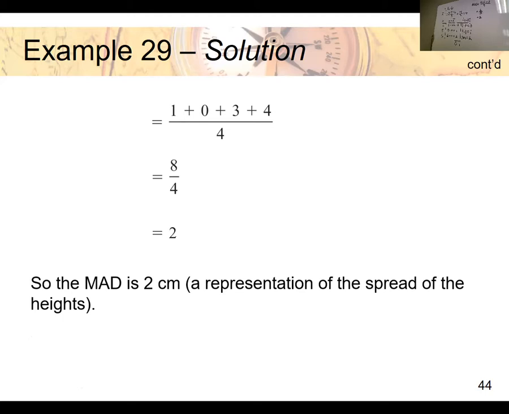Would an appropriate way to describe that in answering be the tomato plants are about 6 centimeters, give or take 2 centimeters? Because that's the average distance they are from the mean. I don't think so. I'm not sure.